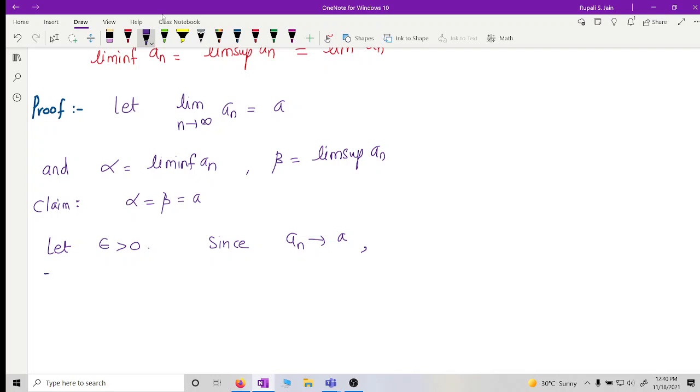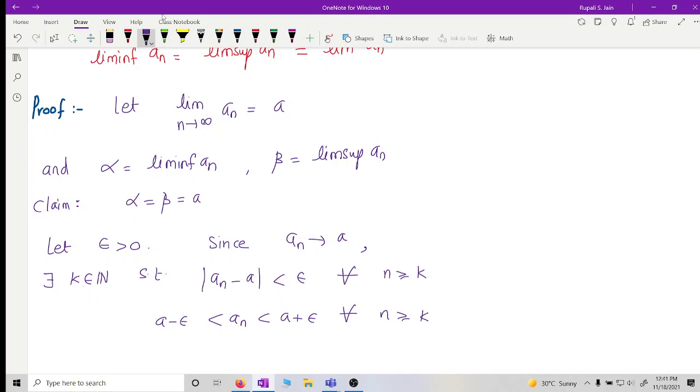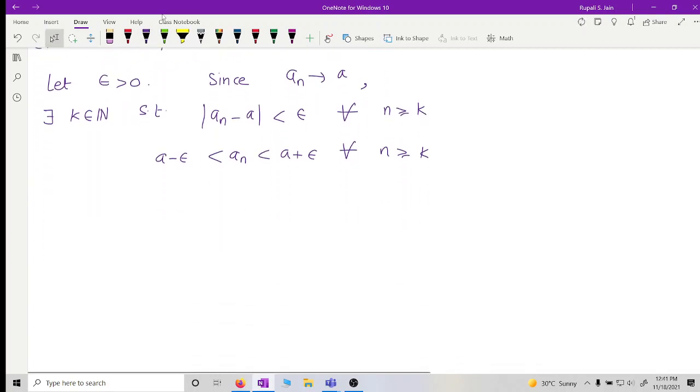For this epsilon there exists a natural number k such that |a_n minus A| is less than epsilon for all n greater than or equal to k, right? Now this implies A minus epsilon is less than a_n less than A plus epsilon for all n greater than or equal to k.